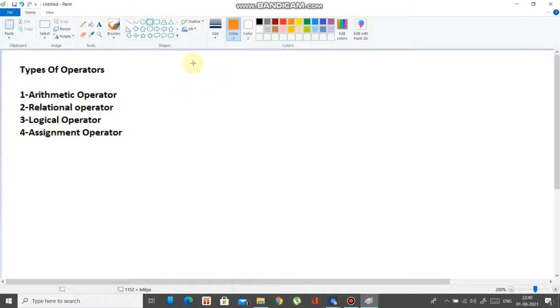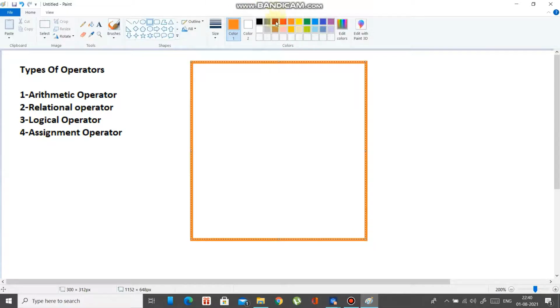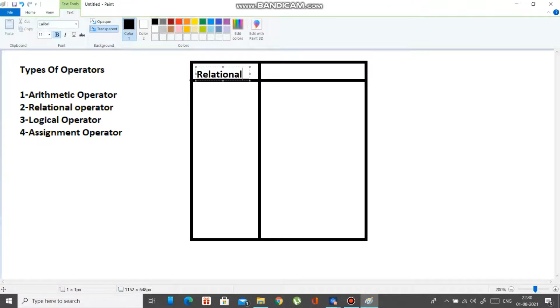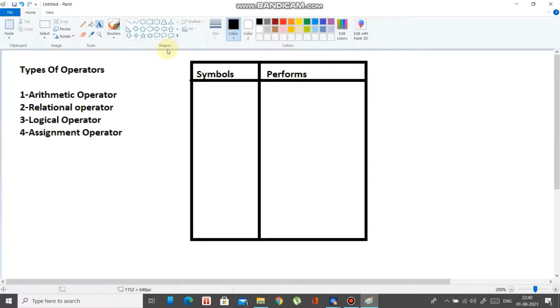Now let us see about relational operators. A relational operator just gives the relation between the two operands.